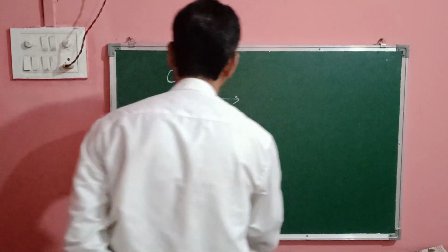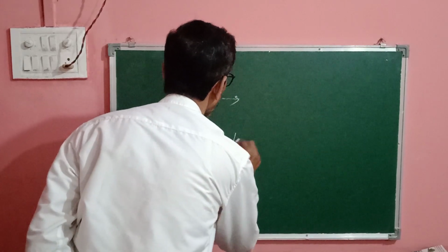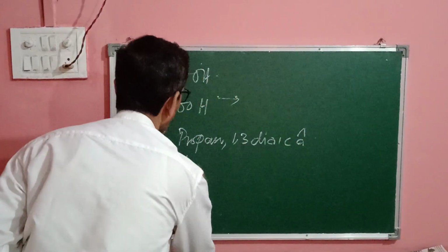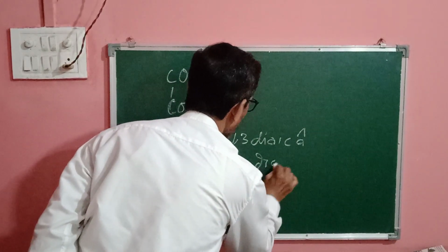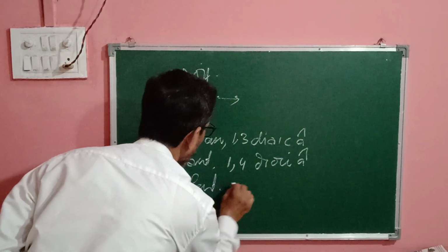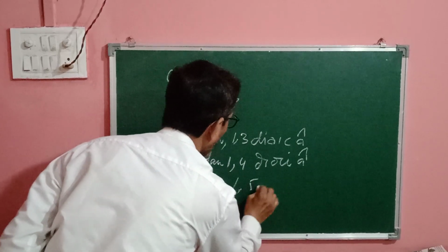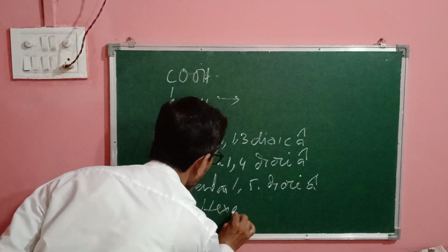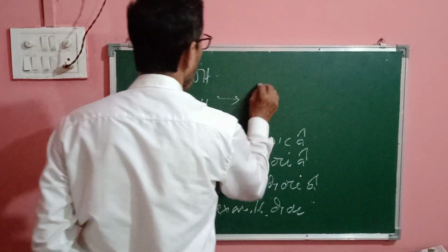Another is propane 1,3 dioic acid, butane 1,4 dioic acid, pentane 1,5 dioic acid, hexane 1,6 dioic acid.